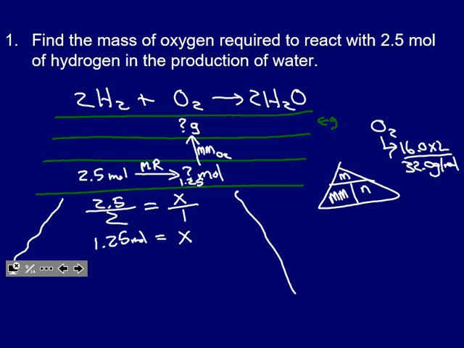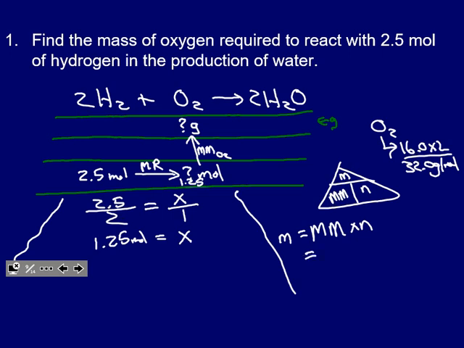So let's review. If I want to determine mass, I cover the mass up. These two are beside each other, so it's a multiplication. Mass is equal to the molar mass times the number of moles. I apologize if this is painfully slow, but there are many that can benefit from this.